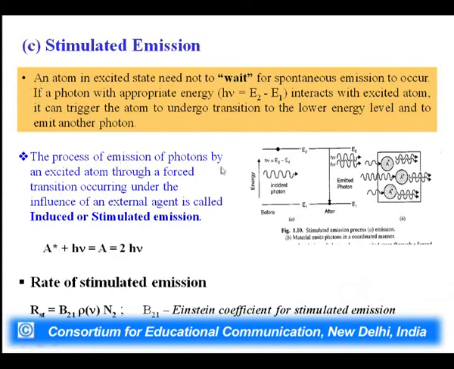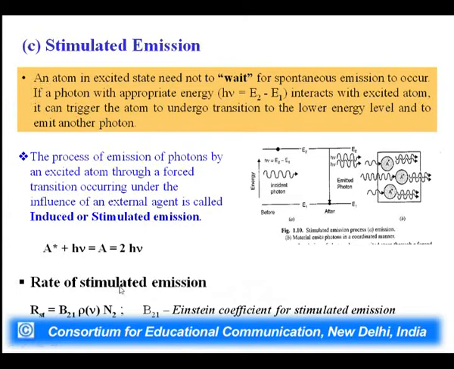The process of emission of photons by an excited atom through a forced transition under the influence of an external agent is called induced or stimulated emission, defined by the equation A star plus h nu. Here the term h nu is added because energy is given to stimulate the atom to jump from the higher state to the lower state, and this is equal to A plus 2 h nu, meaning 2 photons will be released.